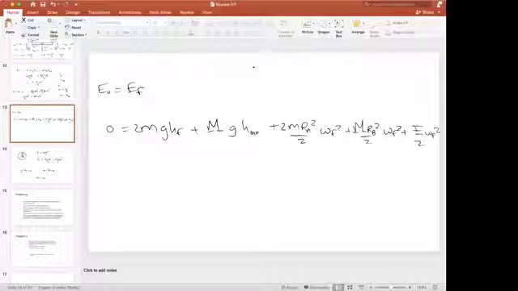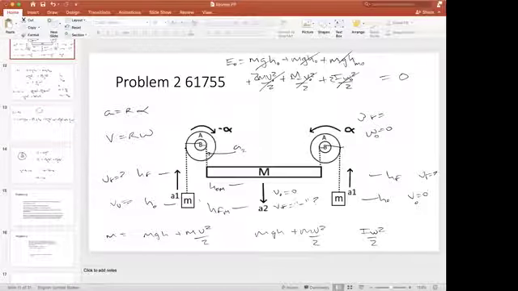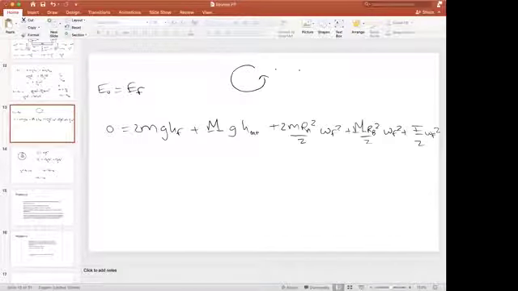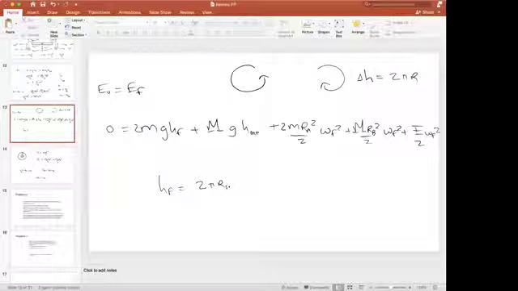But it says it goes through one full rotation, okay? If you look at these pulleys, if they turn through one rotation, this mass is going to be pulled up by a distance of the circumference. Therefore, for one rotation, the height change is 2 pi r, wherever that thing's attached. So H final would be 2 pi RA.